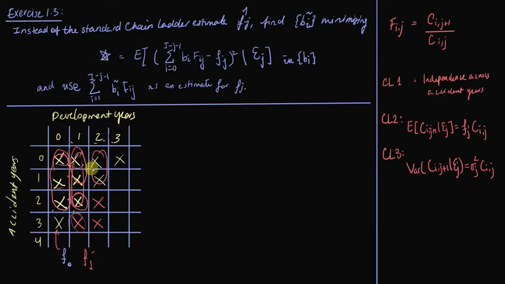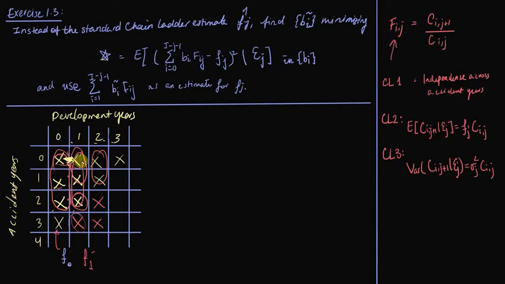However, in exercise 1.3, we will try to do something different. Instead of taking the ratio of two sums, we want to consider a thing called the development ratio, Fij, which is given for each accident year.